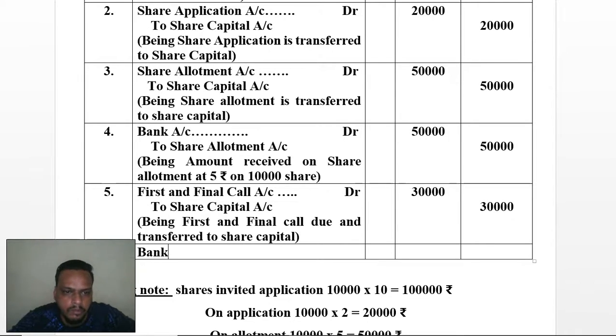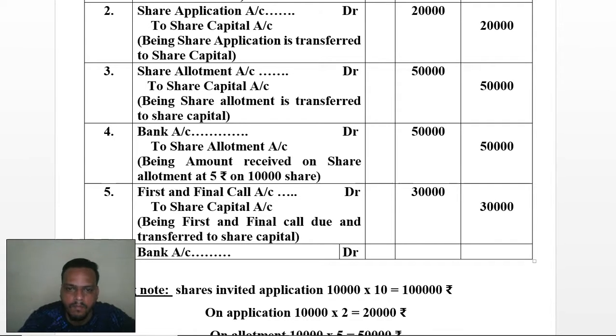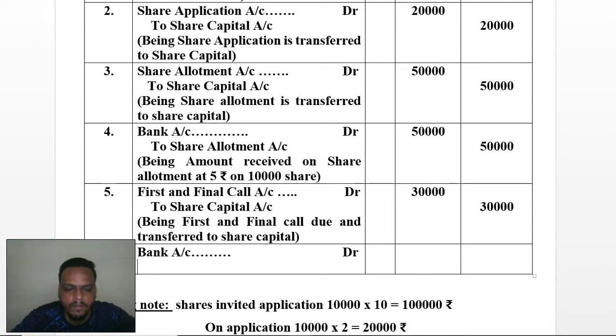Now the last entry of this, the amount you are receiving. So the entry will be bank account debit to first and final call account.